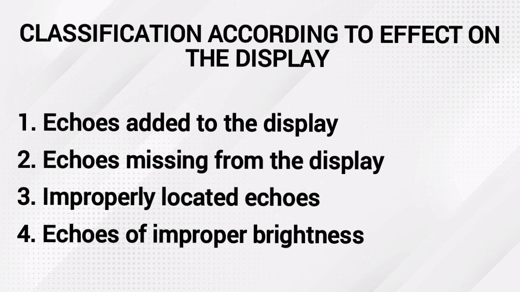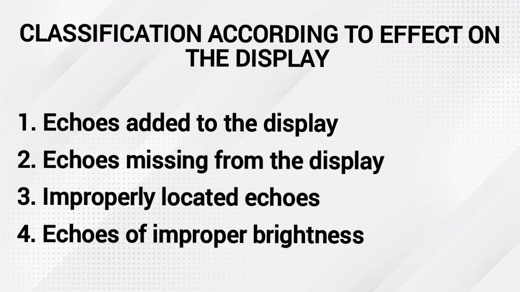We can also classify artifacts based on echoes missing from the display. These are echoes that should be displayed but are not. In other words, they are missing. Number three, there are echoes that are improperly located.